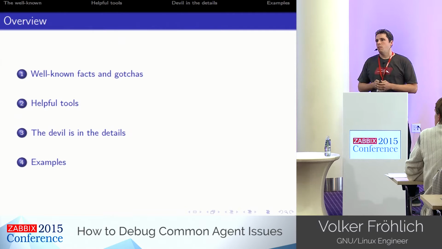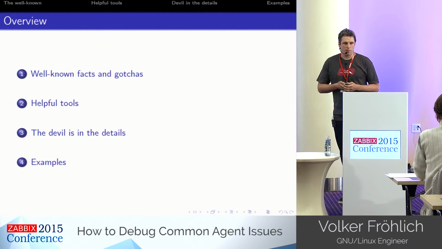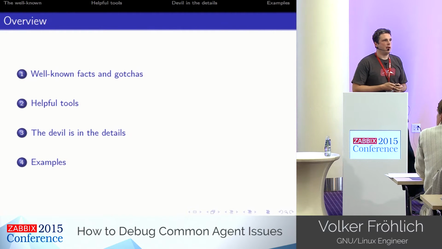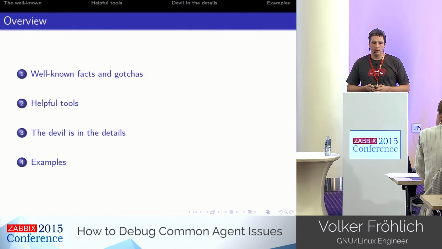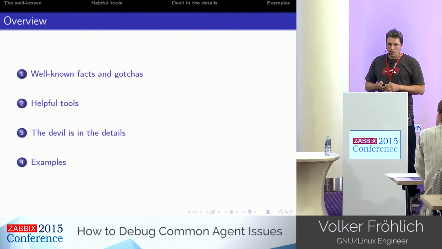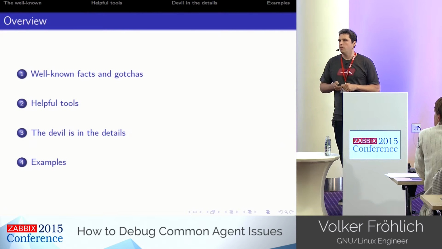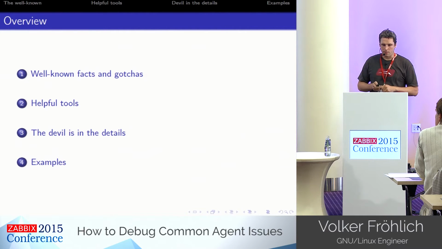We'll start out with some well-known facts, things you probably know about the agent, every one of you. And some of the very common gotchas we get a lot. I'm active on IRC, and there's lots of people coming in with all kinds of problems, and I try to pick some of the agent problems we see a lot. I'll point out some tools that I use in debugging and that basically solved all the issues I ever had.